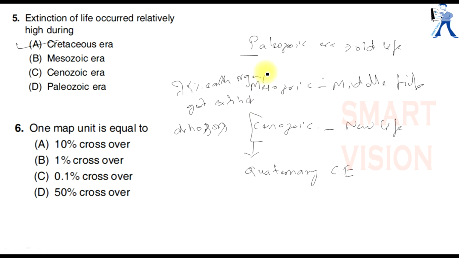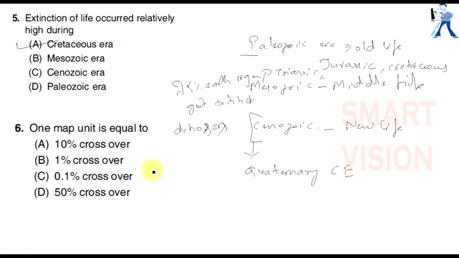Mesozoic era is subdivided into three parts: Triassic, the second one Jurassic, and the Cretaceous era. This Jurassic era is also important. You have to remember this: birds first appeared here. I mentioned in the previous question also that the first bird appeared in the Mesozoic era, more specifically the Jurassic era. The first birds appeared, and the first mammal too.